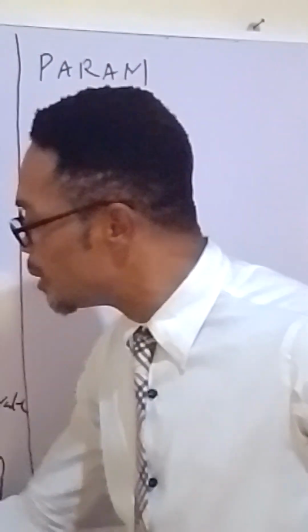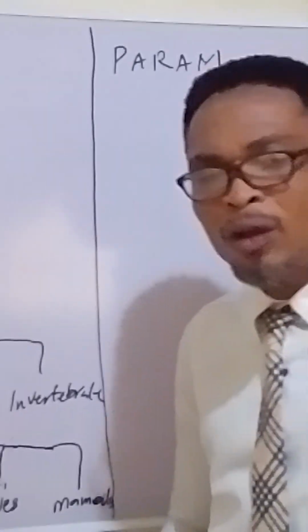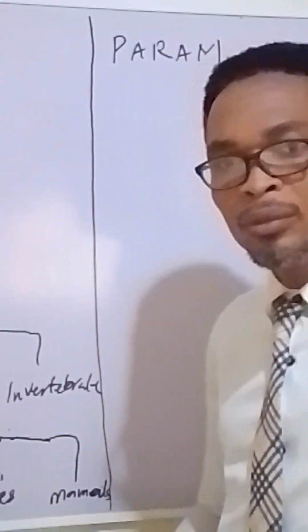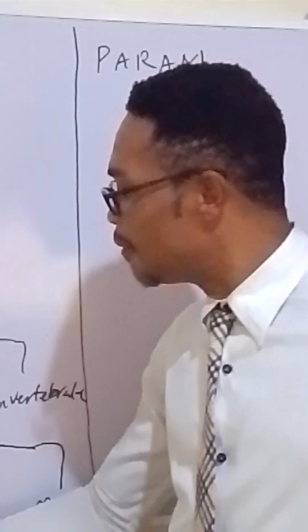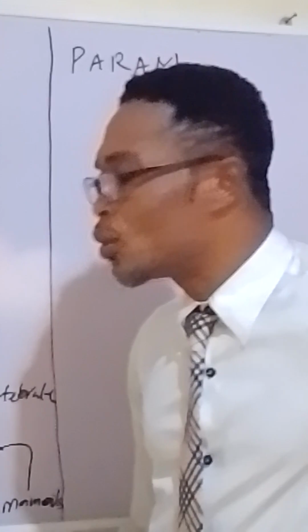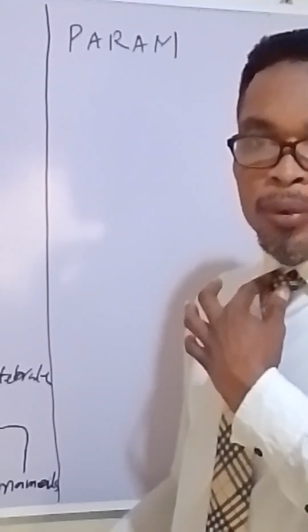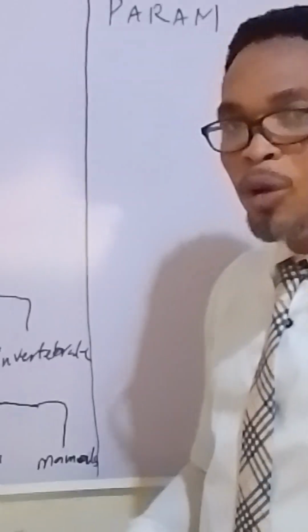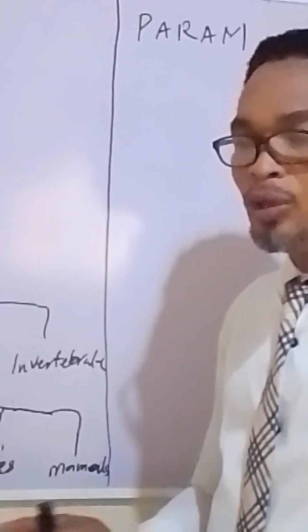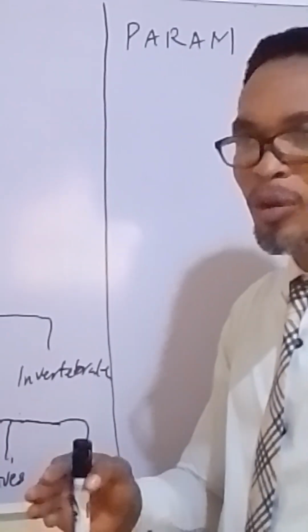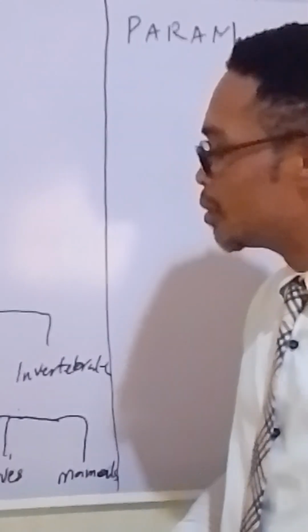If you consider all these groups that I've mentioned, all of them have a backbone. The fish has a long bone running from up to down. When you buy your fish and you slice it, you will see that you are cutting through the bone. So that's the backbone we are talking about.